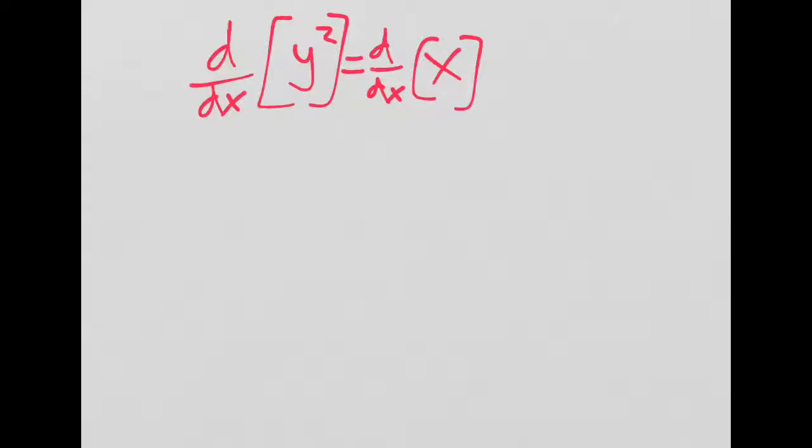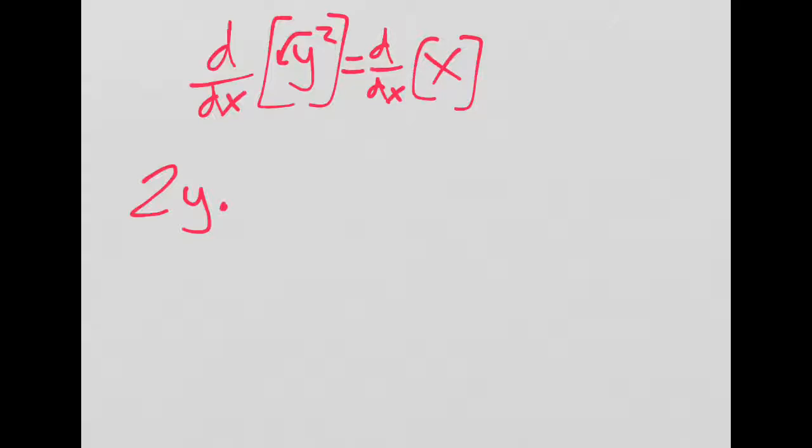So let's pretend like we were taking the derivative of y squared with respect to y. Well, what would we get? Well, the power rule would say take that power and multiply by the coefficient. So we'd get a 2y, and then we'd drop the power by 1, making it just a y term. But the problem is we're not taking the derivative with respect to y. We're taking the derivative with respect to x. And so this is where that thing, the chain rule, comes into play.